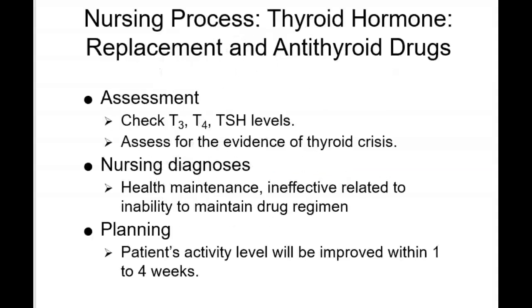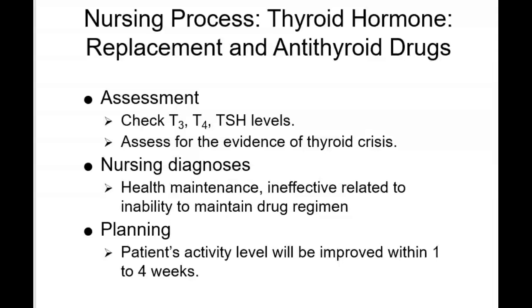In terms of assessment, we want to assess the patient's thyroid hormone levels, T3 and T4, and also TSH. We want to get a baseline of vitals and look for any changes in weight. We want to assess for signs and symptoms of thyroid crisis or thyroid storm, including tachycardia, dysrhythmias, fever, heart failure, flushed skin, apathy, confusion, behavioral changes, and later, hypotension and vascular collapse.